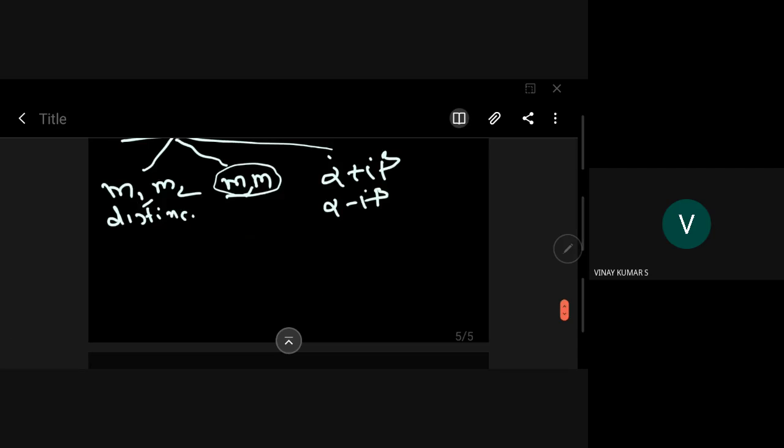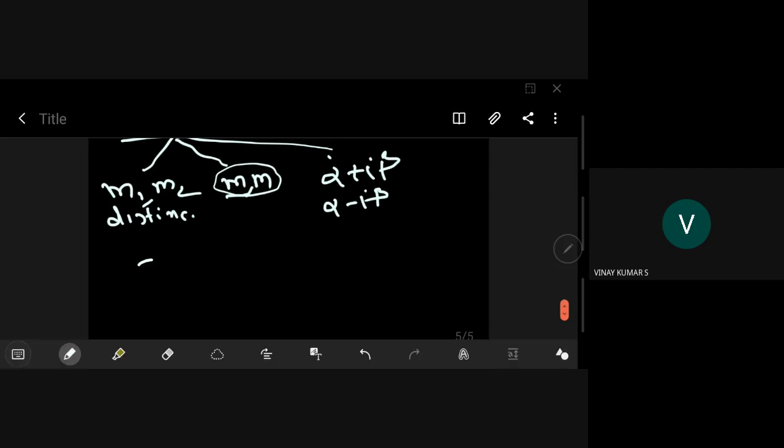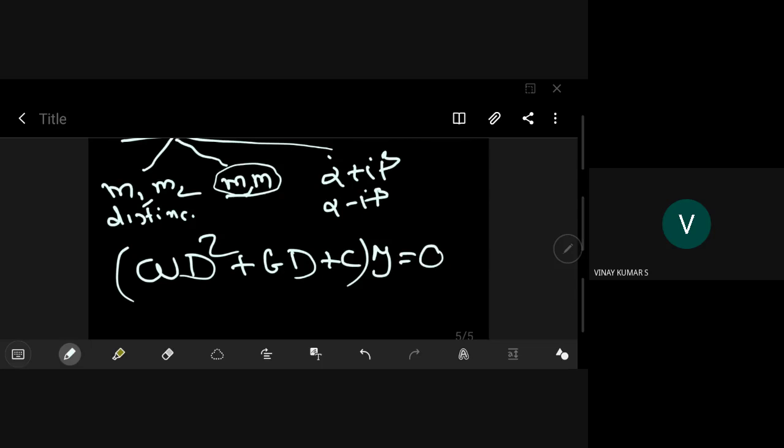So to find a solution to the homogeneous equation, where is the equation? The equation is here: aD square plus bD plus c, constant coefficients, acting upon y is equal to 0. I am talking about this one.